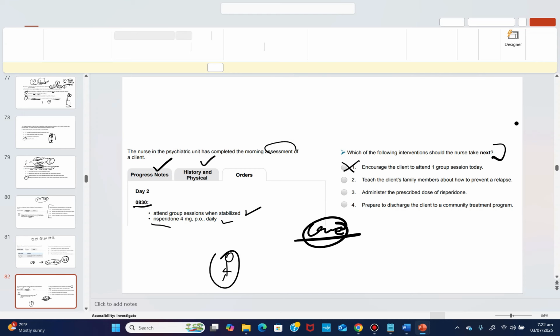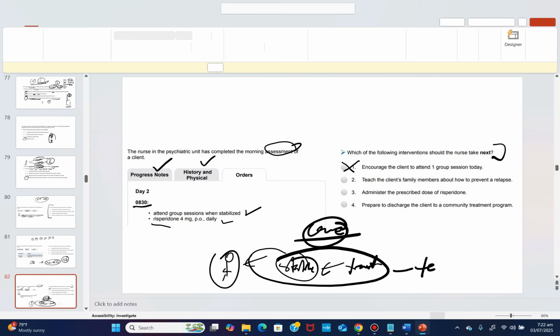We completed assessment on the patient. The patient is not yet stable, right? We've not given any form of treatment to the patient that is not stable. How do you now want to skip all this process and go to teaching? For a patient that is not stable, when do you teach? Ask yourself that question. The patient is not stable and you want to start teaching. No, teaching is the last thing to do.